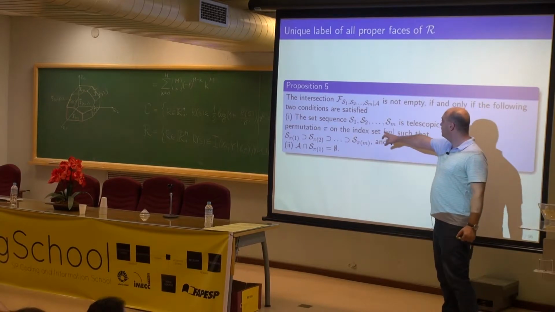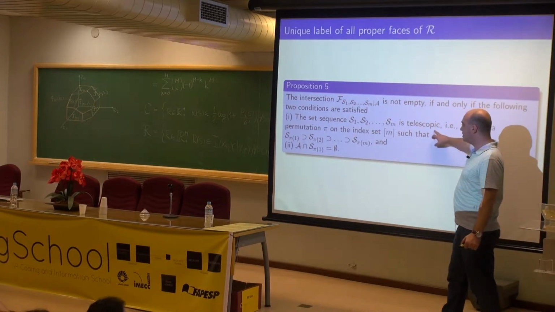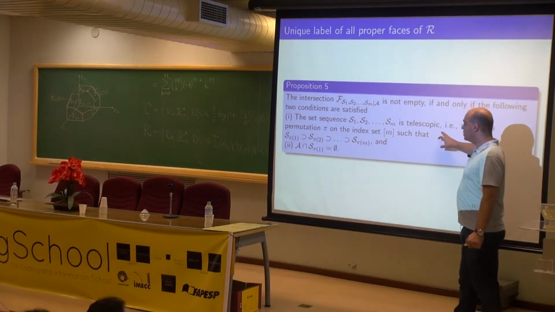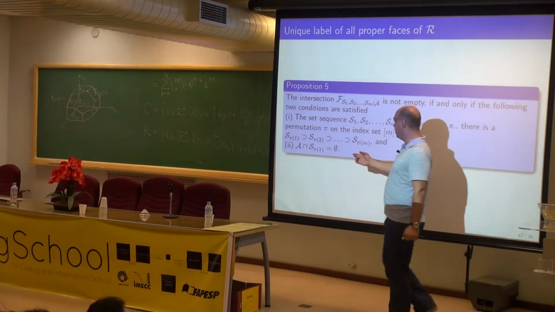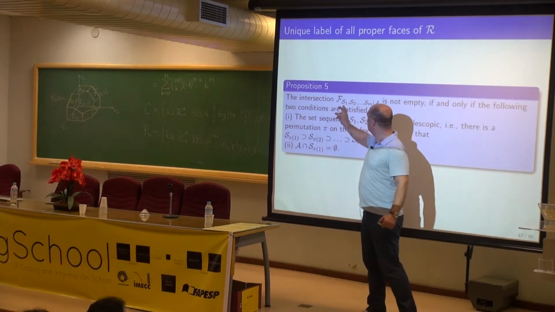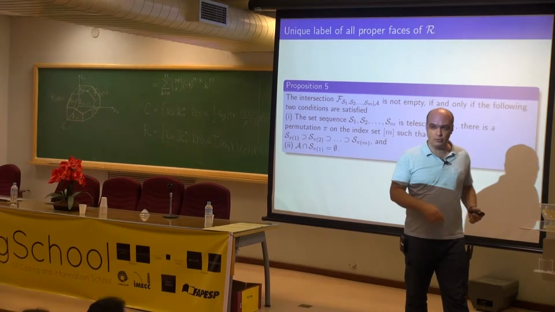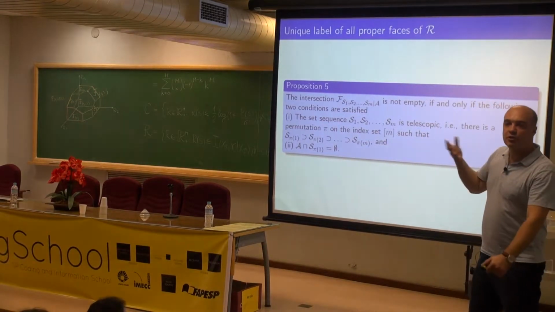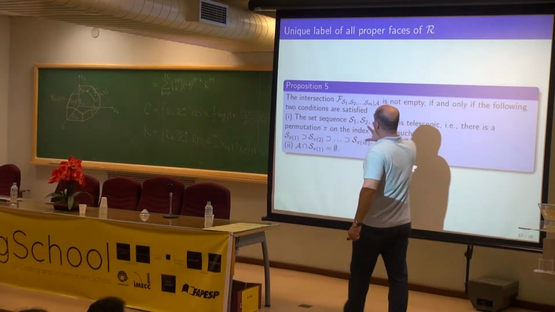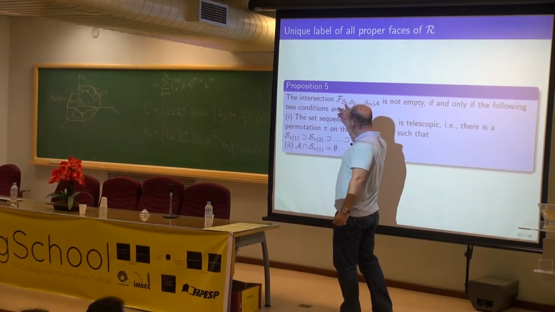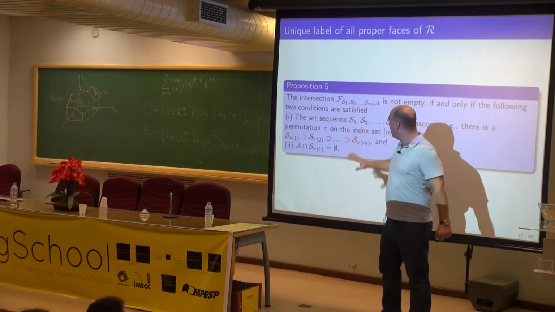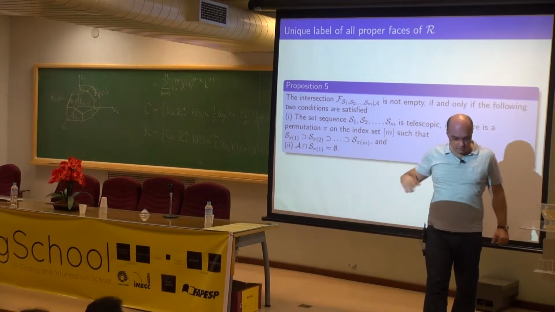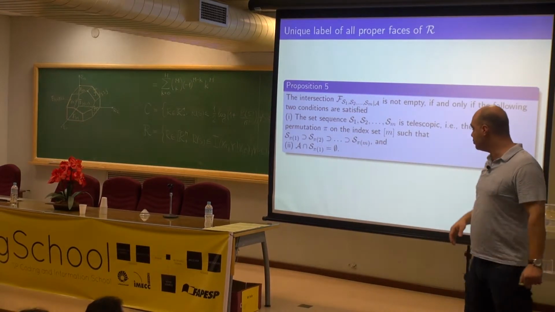First of all, this sequence is telescopic, so we can find a permutation in which every set is included in the next one. We may also make a convention in which we always put the smaller set first, but I just want to be general this way. I complicate things a little bit here with the permutations.